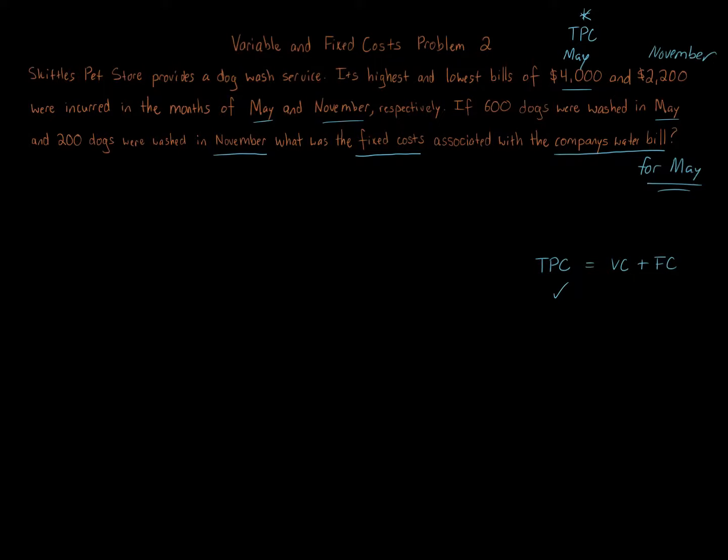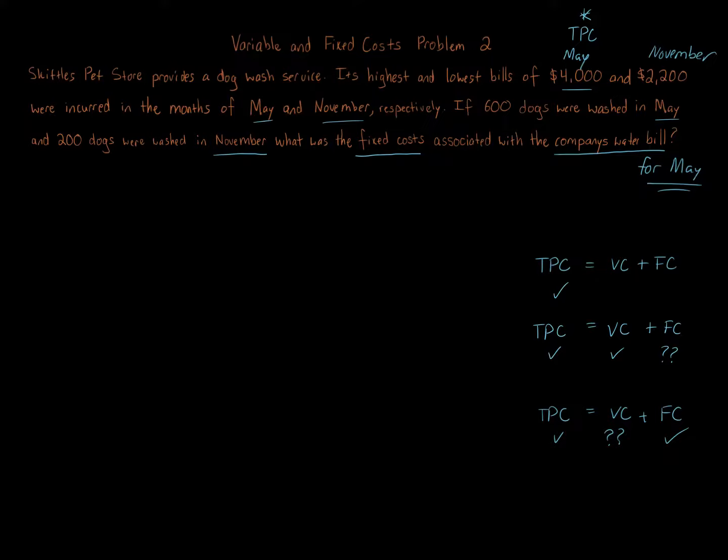So if we know total production costs and variable costs, we can solve for fixed costs. Or if we know total production costs and fixed costs, we can solve for variable costs. You just need two of those three, and you can use algebra to get the other. If you don't know two of these items, unfortunately, you're out of luck.